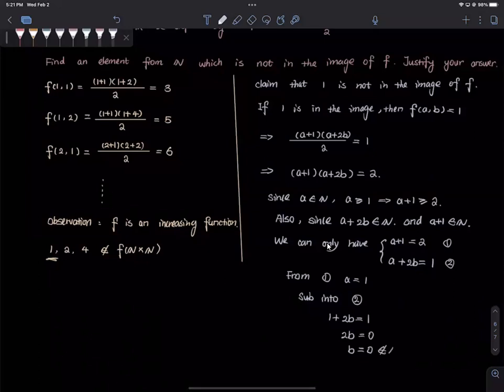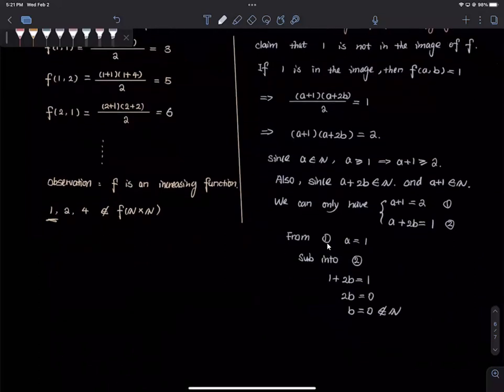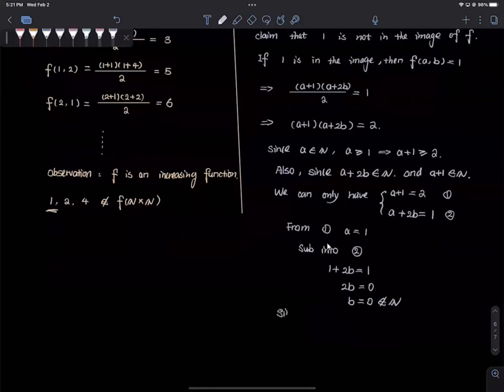This is not a natural number. So since a is 1, (1, 0) is not in natural cross natural. We can say 1 is not in the image.